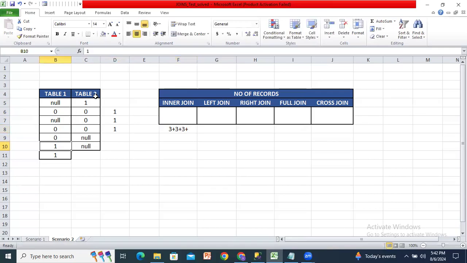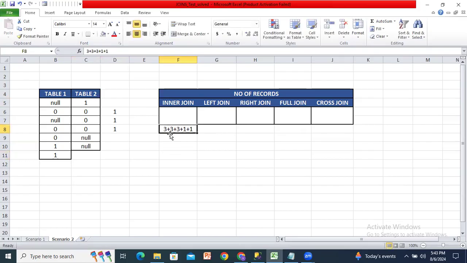Next, 1. So 1 is matching 1 record. So 1 is matching table 2, 1 record. Next, again 1 is matching 1 record, plus 1.